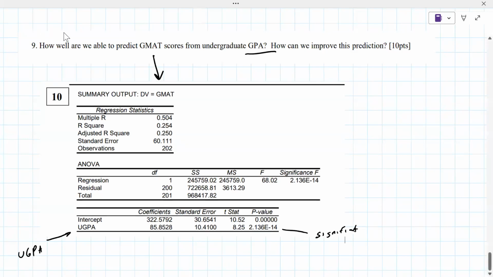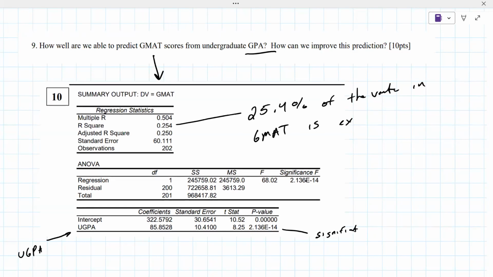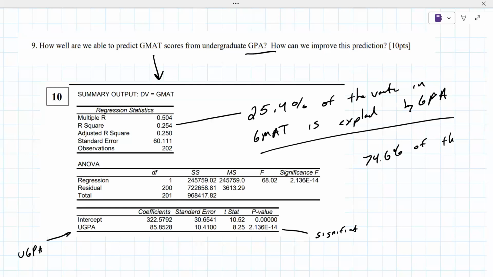The thing we're trying to figure out is how good is the model? Even though the model is significant, that's where you care about the R squared value. So this says 25.4% of the variation in GMAT is explained by GPA. It also means that 74.6% of the variation is explained by other variables because the total variation is 100%. So this is pretty low. That means there's a lot of other things out there.